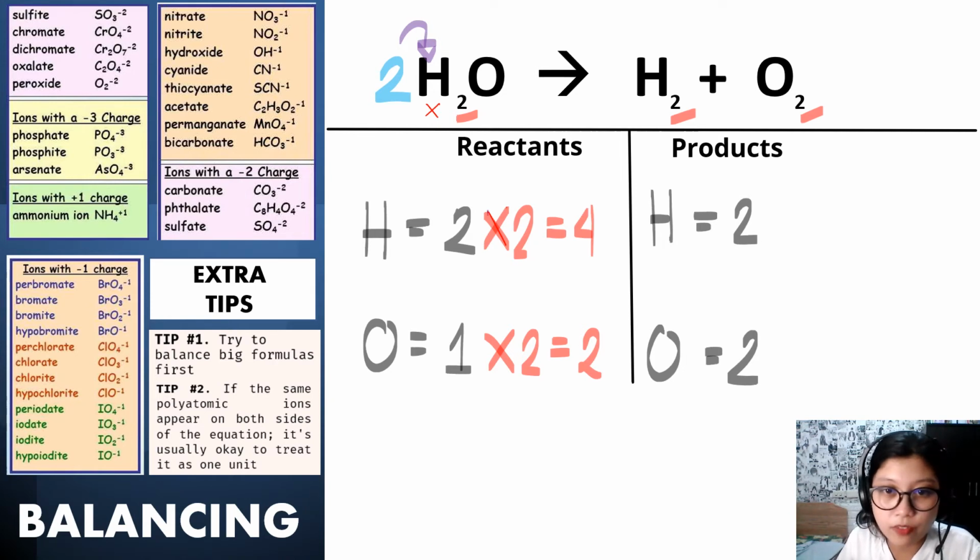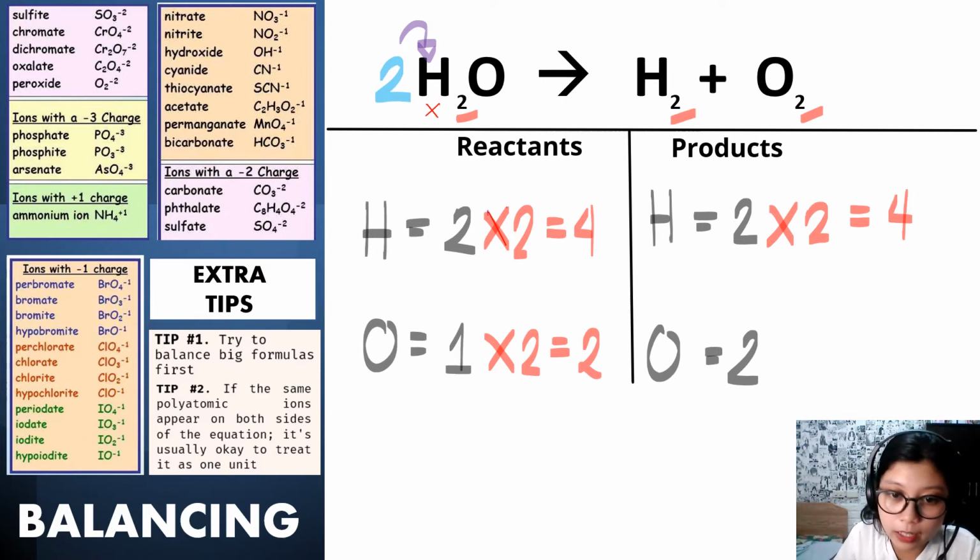Now, we are facing another problem yet again. The hydrogen this time is not balanced. How are we going to let these two sides reach the same number of atoms? We multiply the hydrogen in the product side by 2, so they would have the same number of atoms of 4.